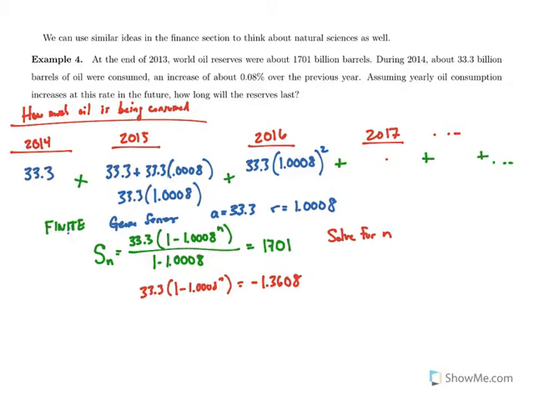All right, we divide by 33.3. We get negative 0.0409.